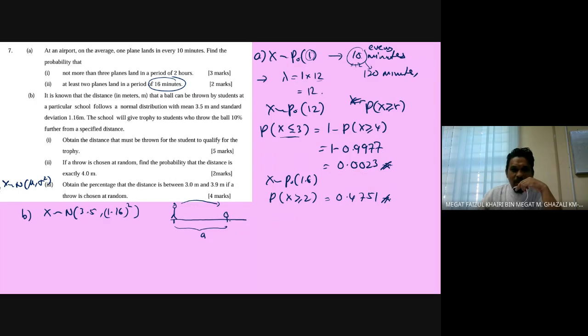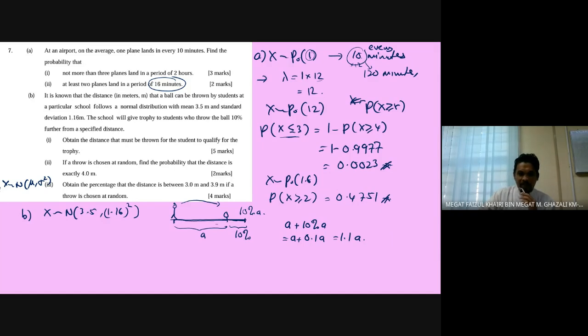So if the student throws 10% extra from the distance of A, it is the distance of A plus 10% of the distance of A. So it is now A plus 0.1A, which is 1.1A.